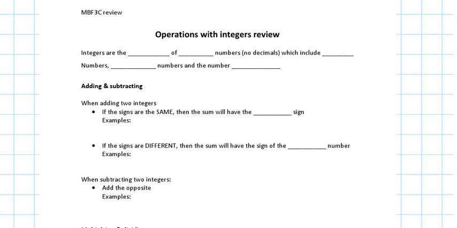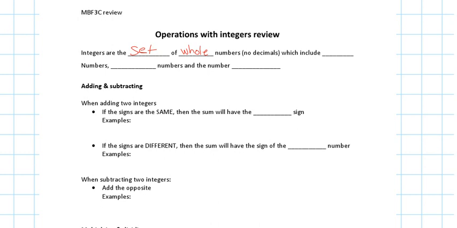Okay. So the word integers, they are the set of whole numbers. Okay. So any whole number is a number that does not have a decimal. So 1, 2, 5, 10, 15, 500, 725. These are numbers that are whole numbers.